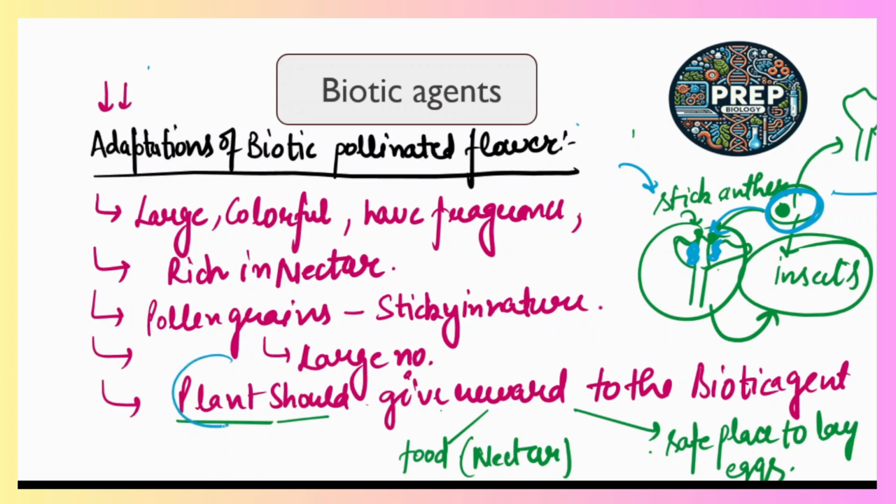So for this the plant should give the reward to the biotic agent by giving them food or nectar or a safe place to lay eggs.